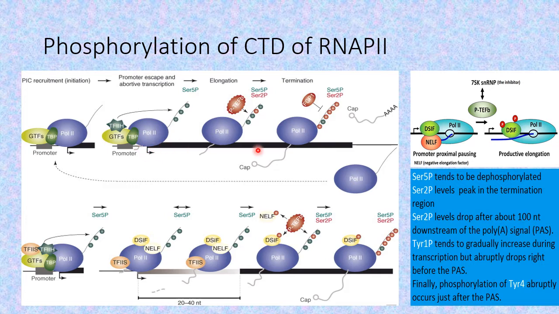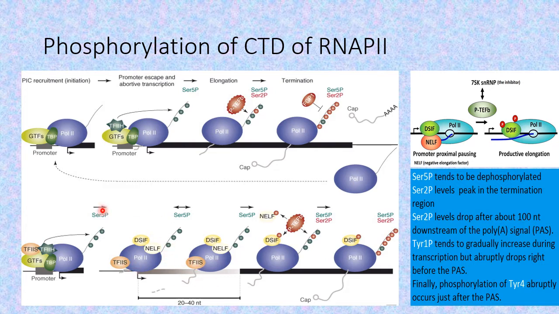And as the elongation progresses, there is phosphorylation of the CTD and dephosphorylation of some other elements of this CTD region. But prior to that, at about 20 to 40 nucleotides downstream from the promoter, this RNA polymerase stops the elongation process.